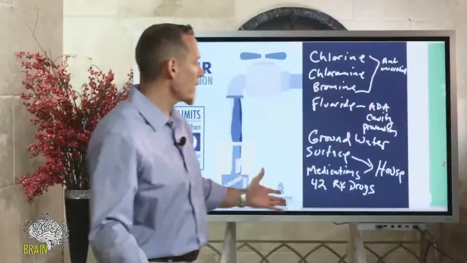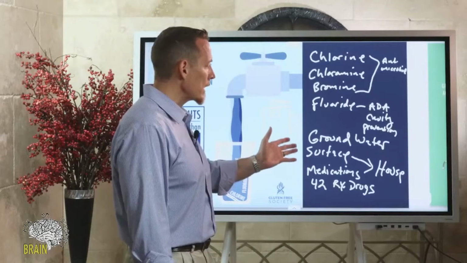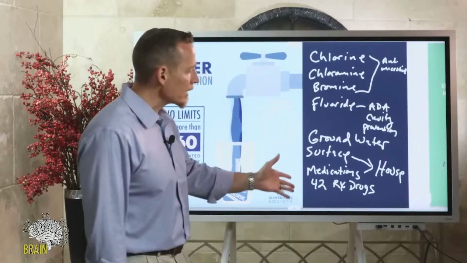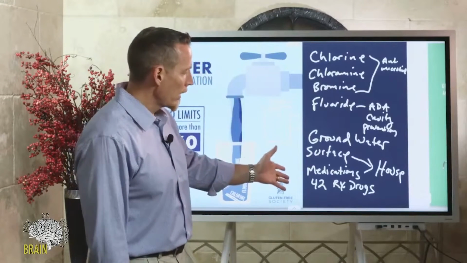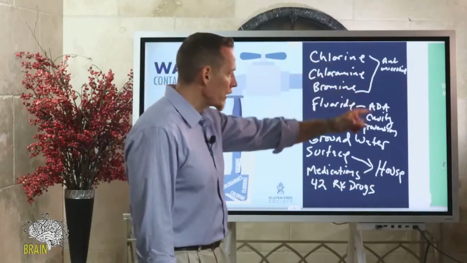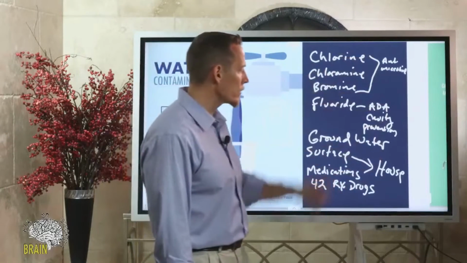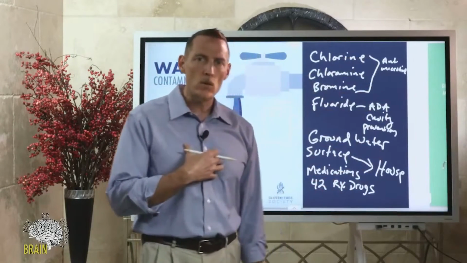Now add 42 together, and you have a massive, unpredictable, unknown entity of what's coming into your body. And remember, you're 60 to 70% water. So your drinking water is a potential to deliver all these contaminants, toxins, pollutants, drugs, etc., directly into your temple.